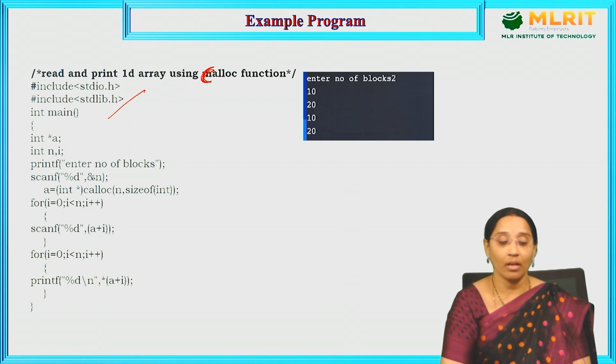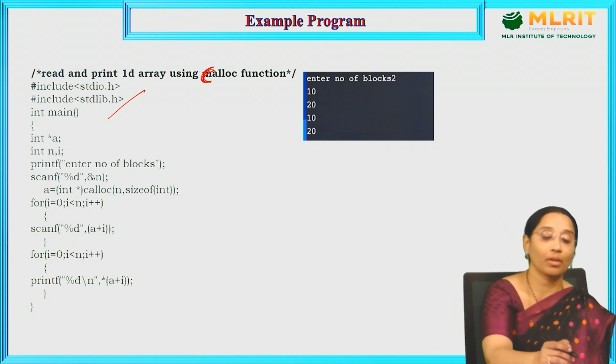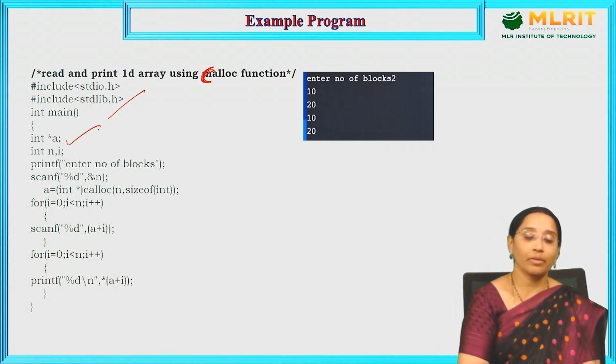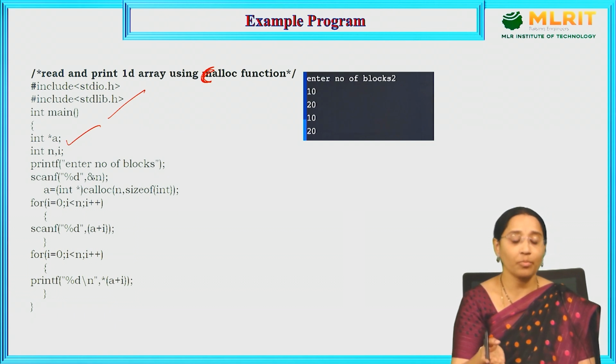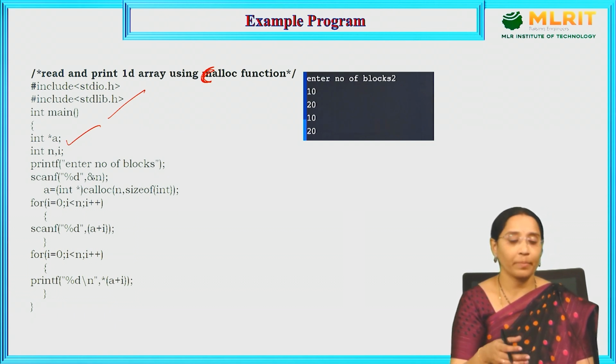Like that, malloc and calloc, the functions that come under dynamic memory allocation, exist in the stdlib.h header file.